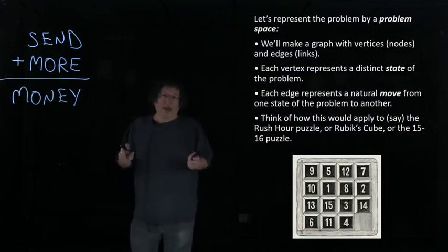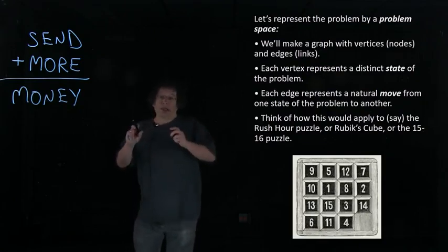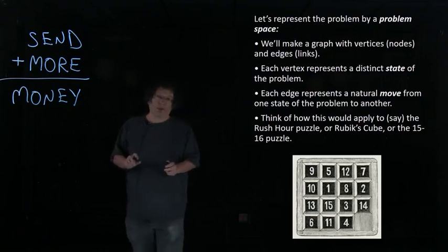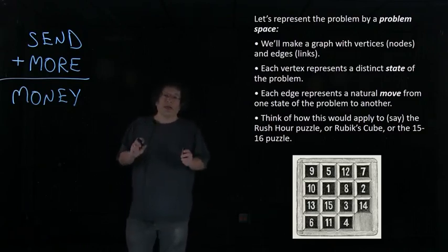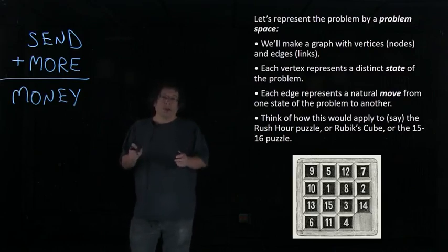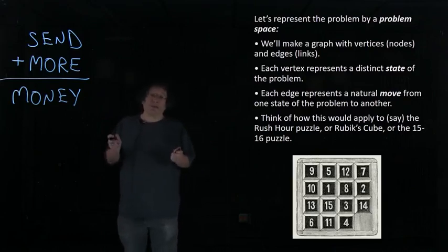A natural way that when people started to model the human problem-solving process for these kinds of puzzles, a natural way was to think of the problem in terms of what computer scientists call a problem space. And what they mean by a problem space is a graph.